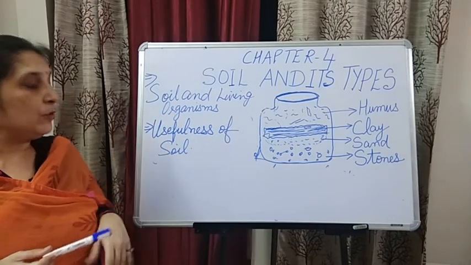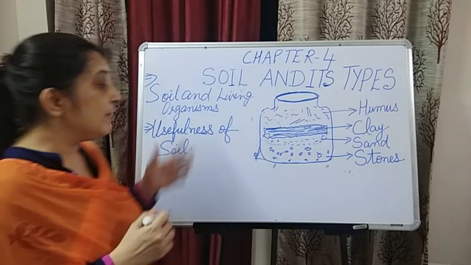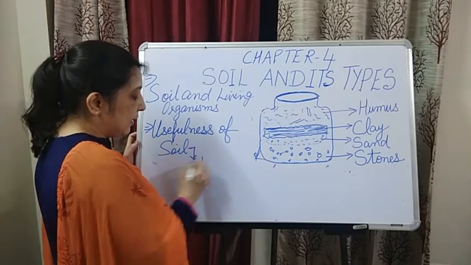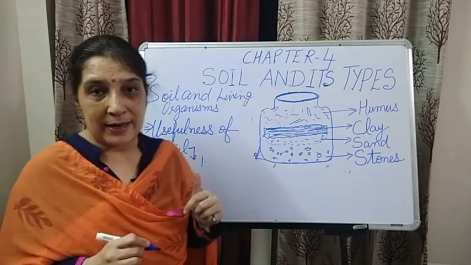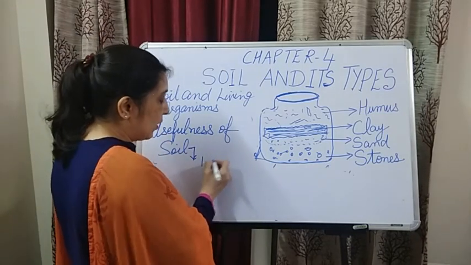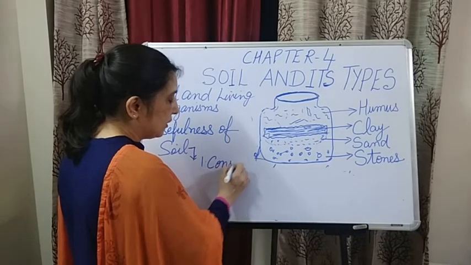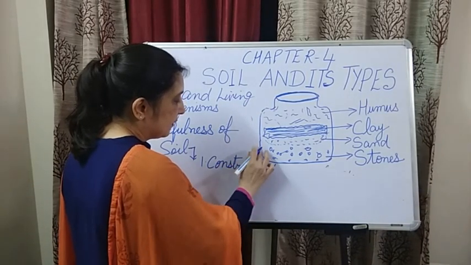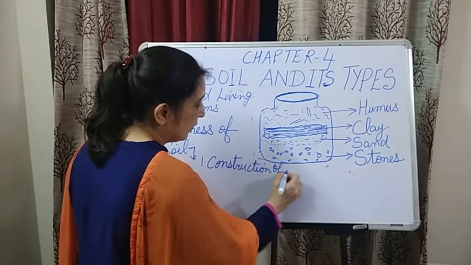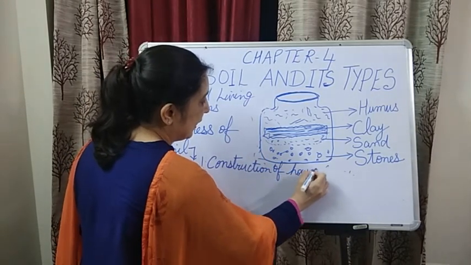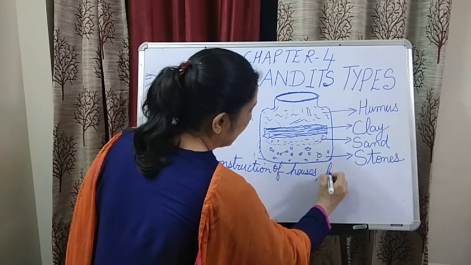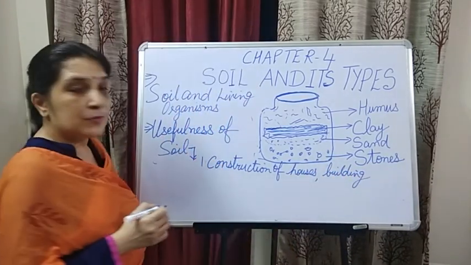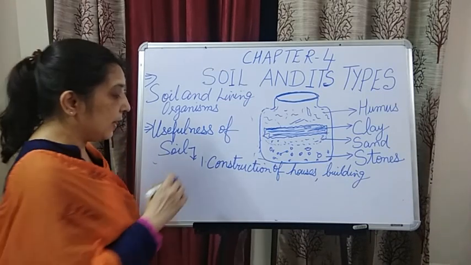Now let's come to usefulness of soil. You have discussed previously in this chapter the different uses of soil. As we discussed, sandy soil is used for construction of buildings, houses, etc., right?